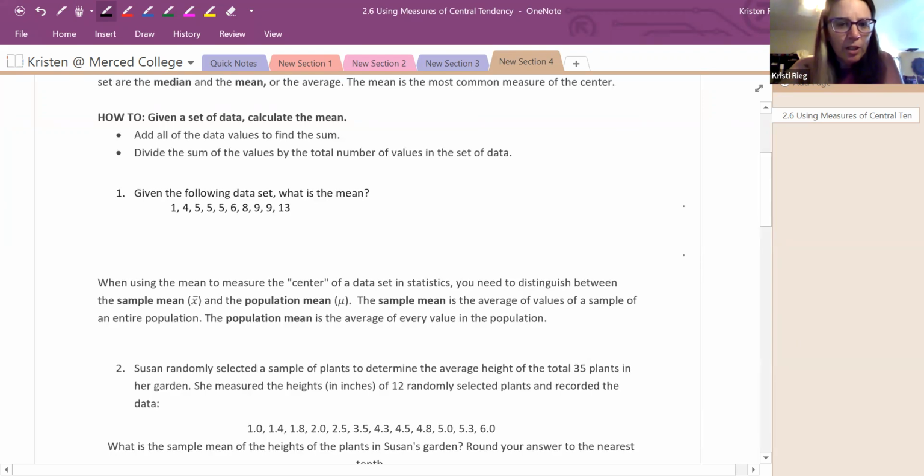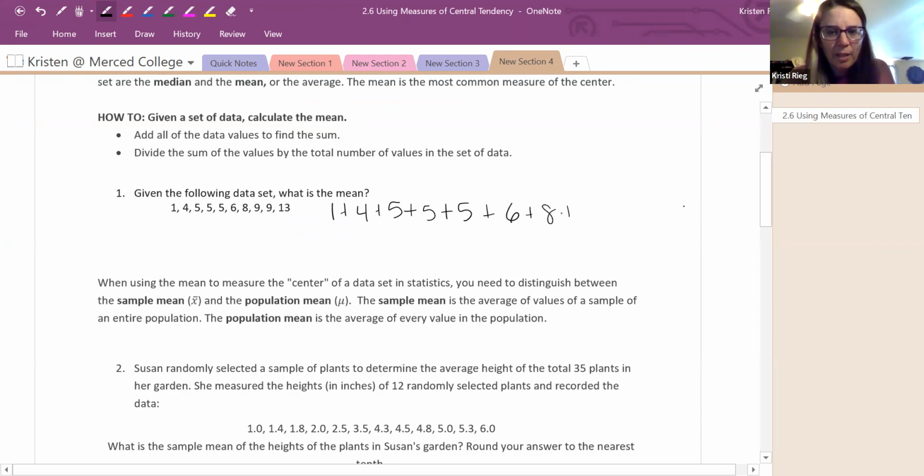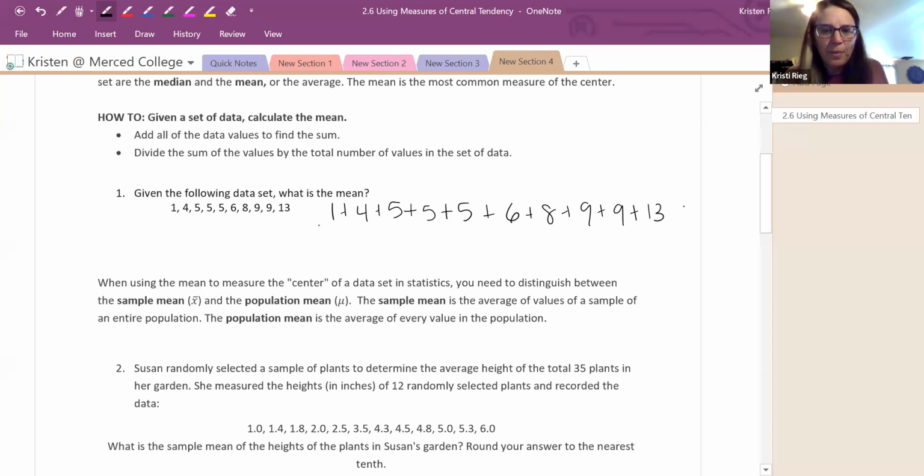And so what we're going to do is add up 1 plus 4 plus 5 plus 5 plus 5, because there's 3 5s, plus 6 plus 8 plus 9 plus 9 plus 13. And I have 1, 2, 3, 4, 5, 6, 7, 8, 9, 10 data values.